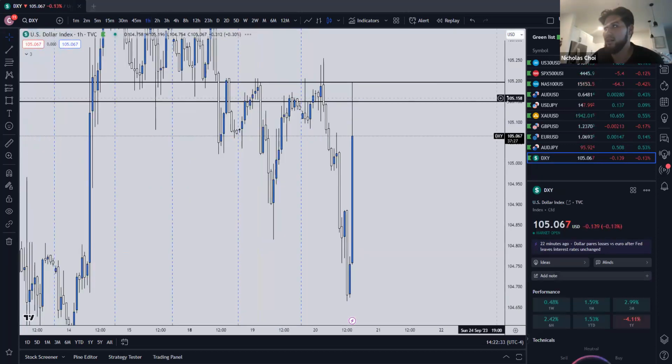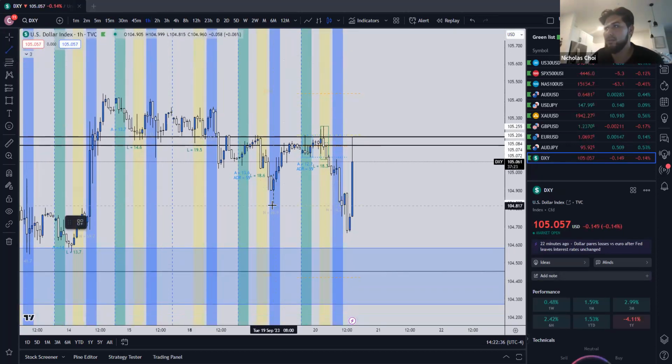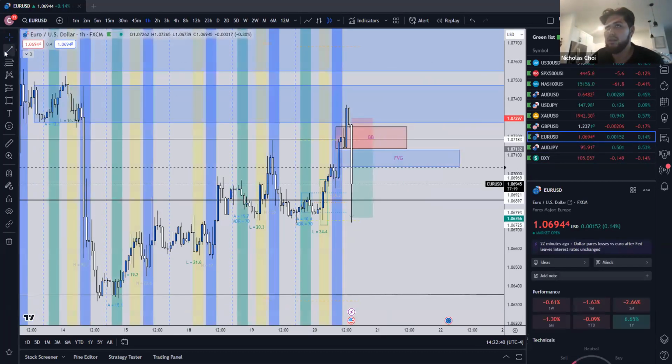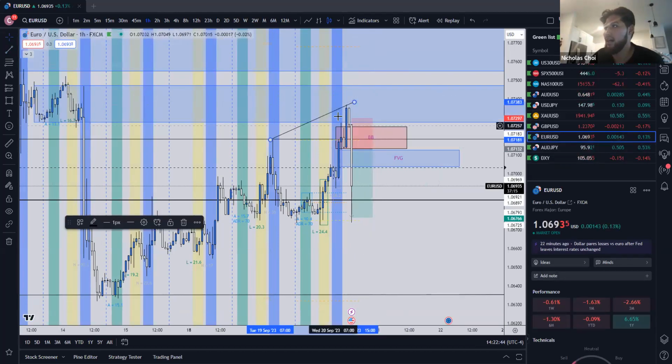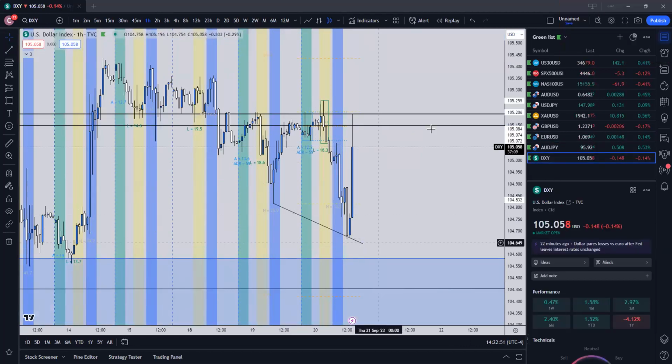Let's take a look at DXY. What does that show you when it comes to this? This is exactly what we want to see. Higher high on your USD. And it shows you he got his risk model.